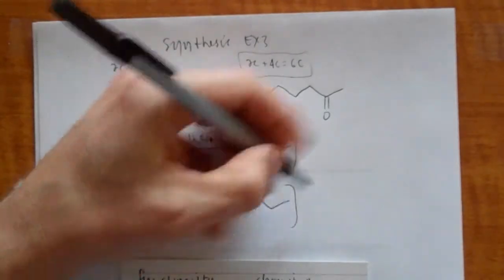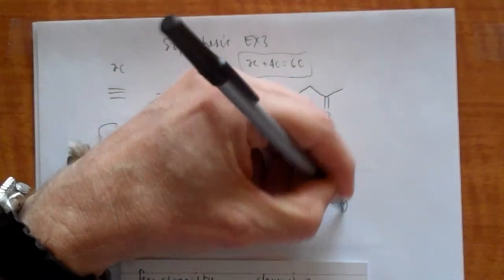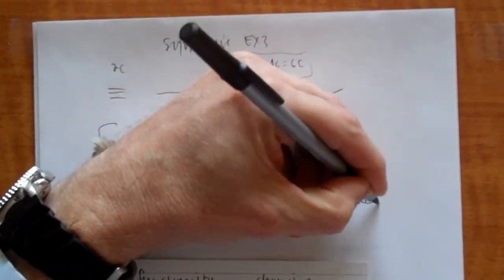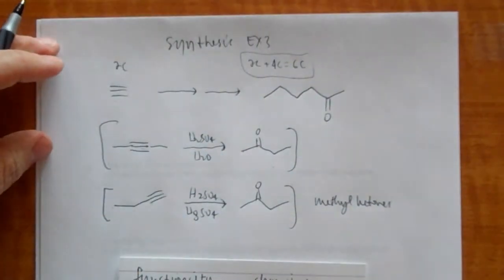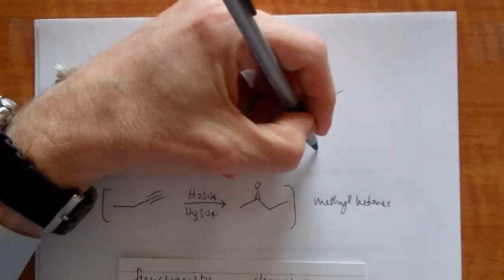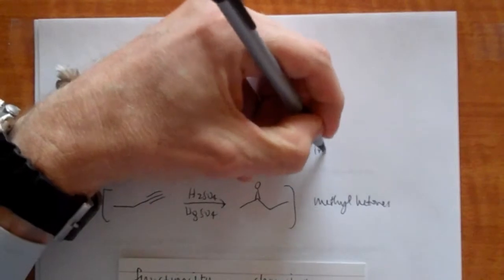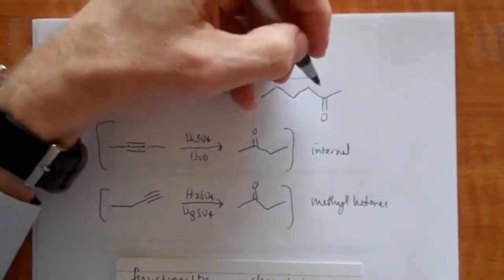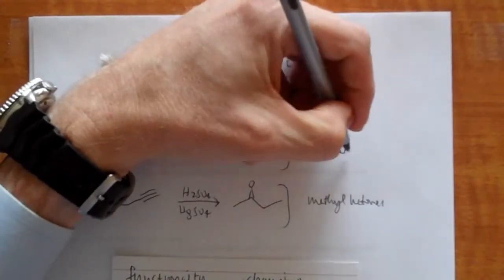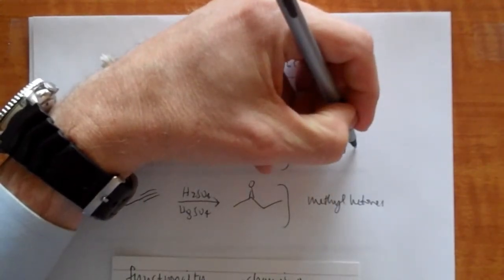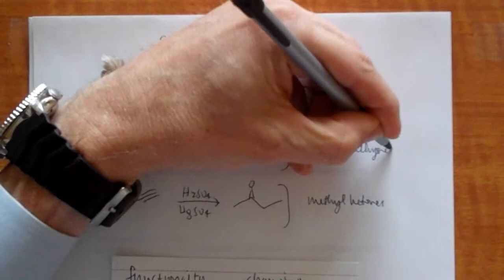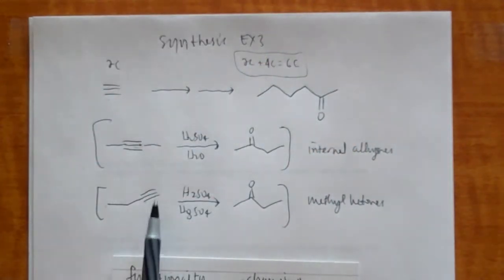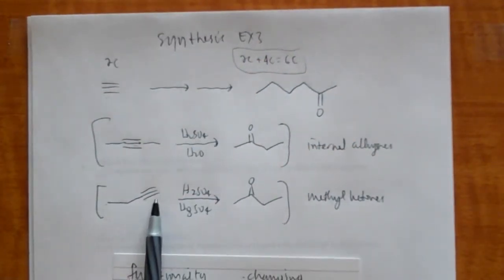Okay, and we use this to make methyl ketones. Right, we do this to make, all ketones are internal, so let me not say internal ketones, let me say internal alkynes. It doesn't work with the terminal alkynes like that one.